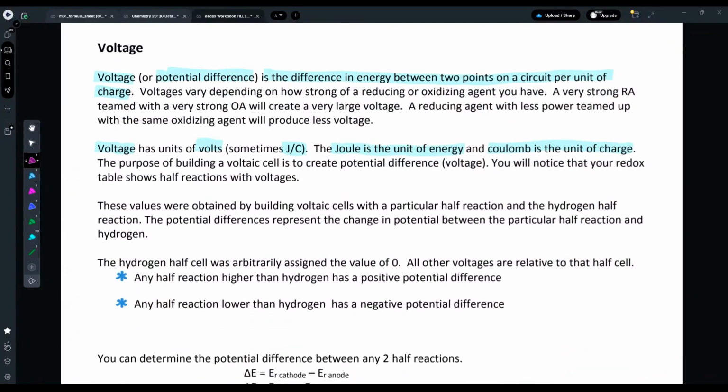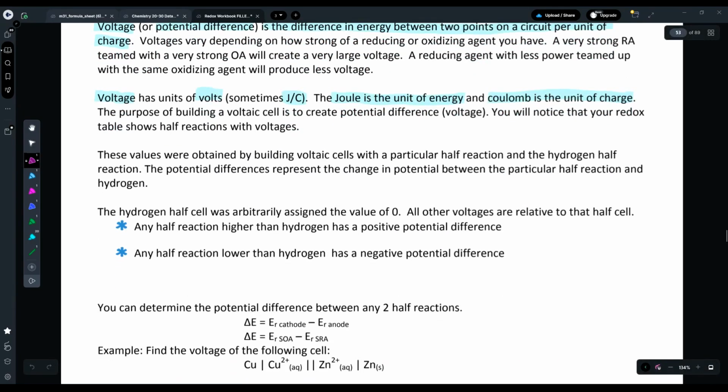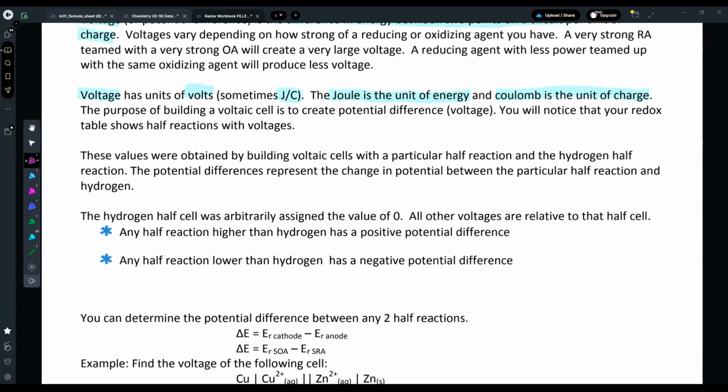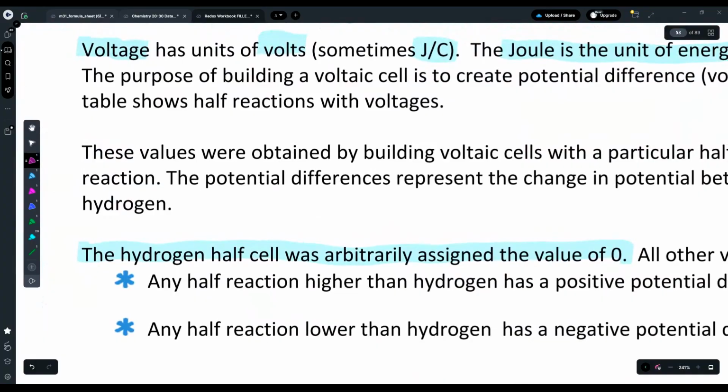All of the values in our table were obtained by building voltaic cells with a particular half reaction and the hydrogen half reaction. The potential differences represent the change in potential between the particular half reaction and hydrogen. So why is this hydrogen half cell so important? It's because it was assigned to be the reference cell. The hydrogen half cell was arbitrarily assigned the value of 0. If it's assigned the value of 0, then the hydrogen half cell is the reference cell.